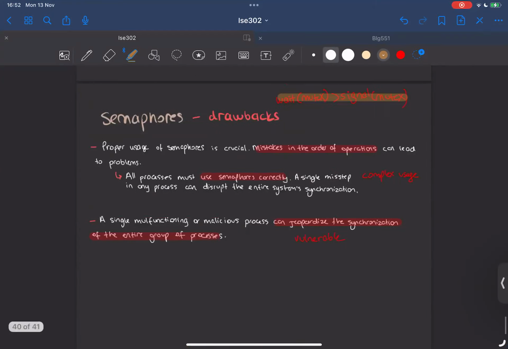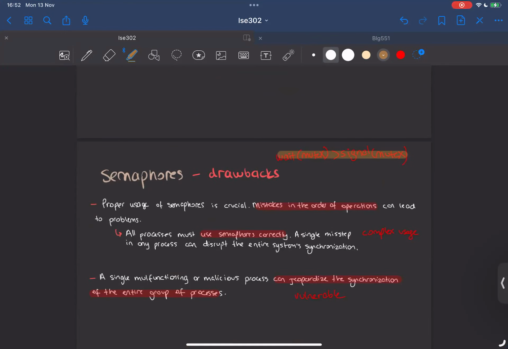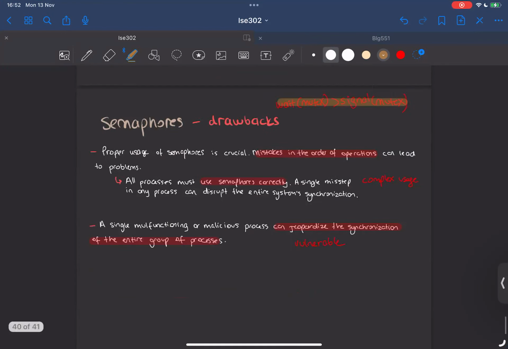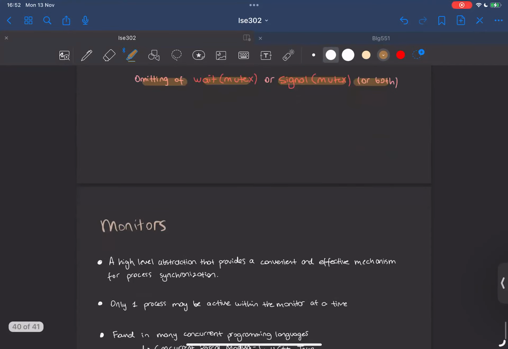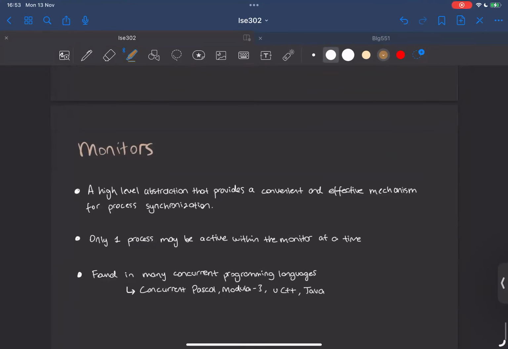If this order isn't precisely followed, timing errors can occur. So researchers have addressed these issues by creating high-level language constructs. One essential construct is the monitor, a fundamental high-level synchronization tool. So monitors act as a convenient and efficient mechanism for process synchronization, allowing only one process to be active within the monitor at a given time.